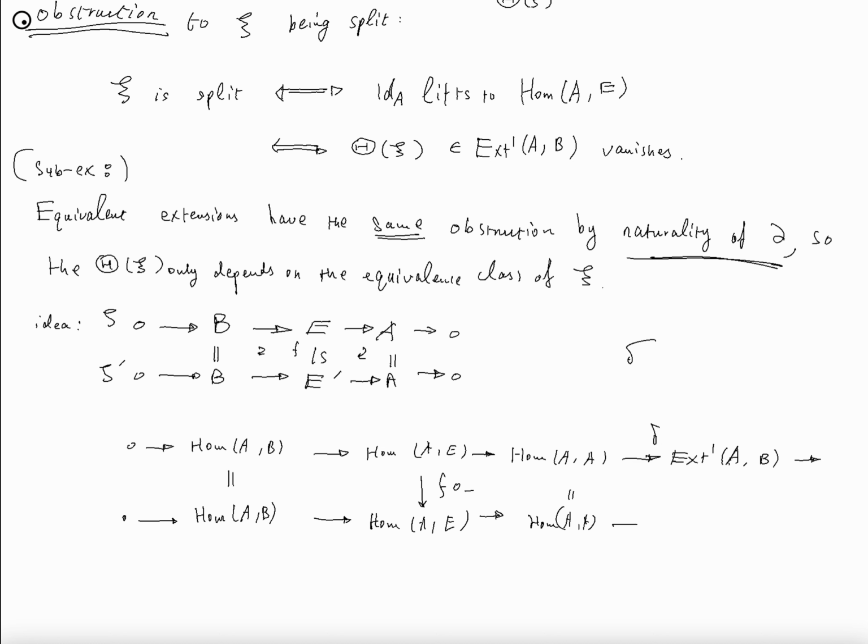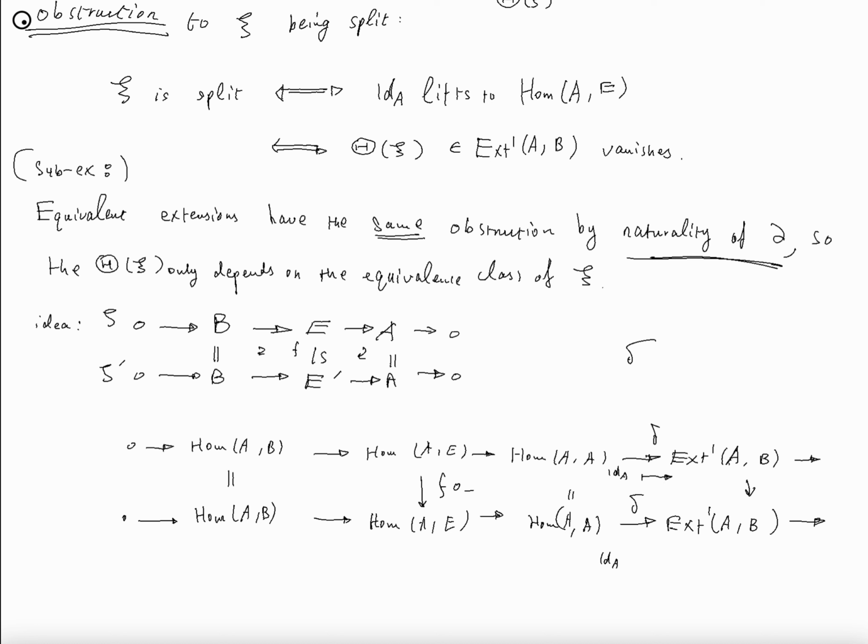This partial will tell you that, and this partial, there should be, again, a map like this. And so you say that you got your identity A here, and you got identity A here.